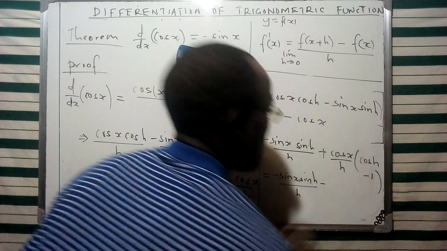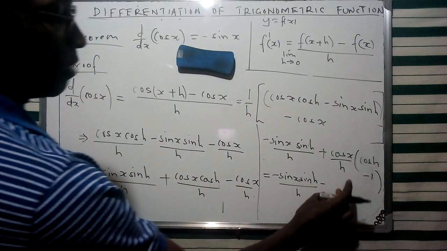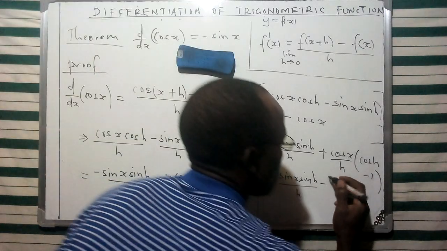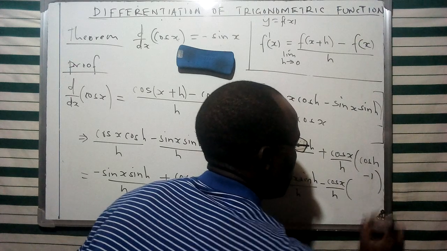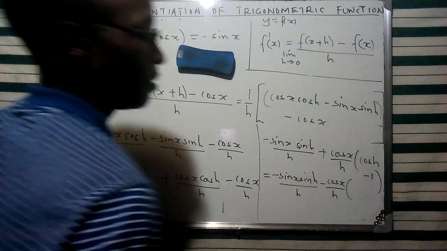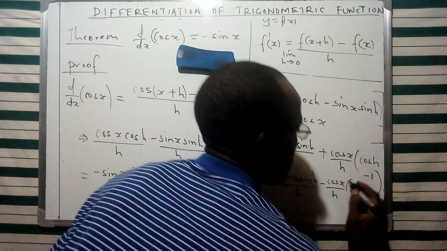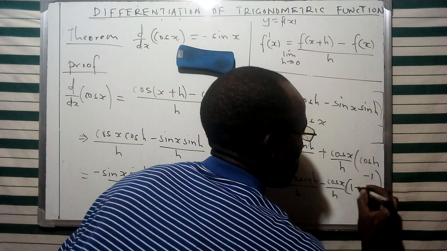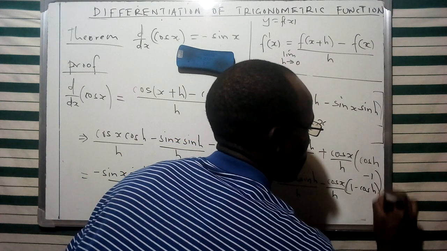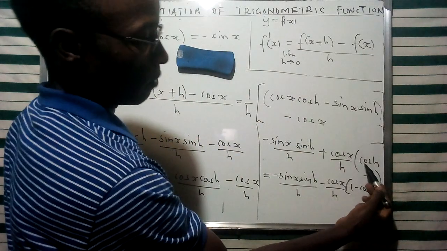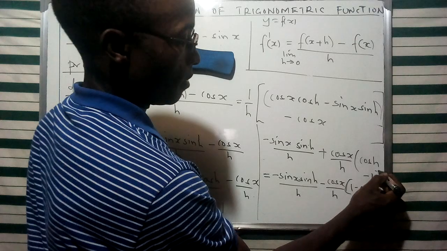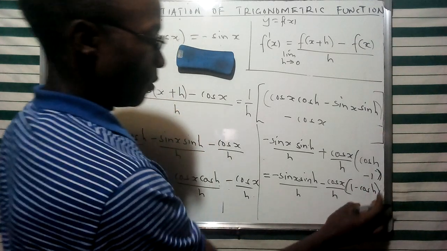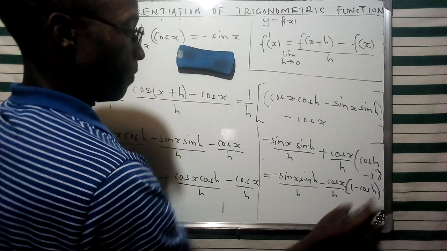And for this second part, I can introduce a negative sign for the cos x over h, and anything in the brackets is going to change signs. So I'm going to have 1 minus cos h. I've changed this cos x to a negative, and the negative one in this case is going to be a positive. Therefore, it's going to appear in this form.